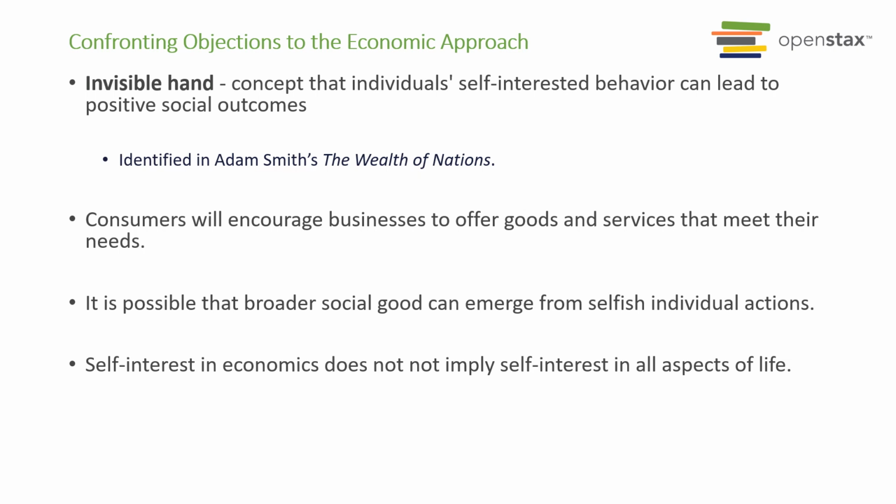By getting an education for yourself, this is your own self-interest, but this behavior is also making our entire society better off, because later on you're going to become a productive member of society, getting a good paying job, paying higher taxes, contributing to the economy. That's a good social outcome. So individual self-interest can lead to a positive social outcome. They're not always in conflict.